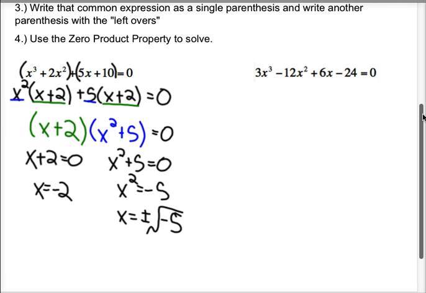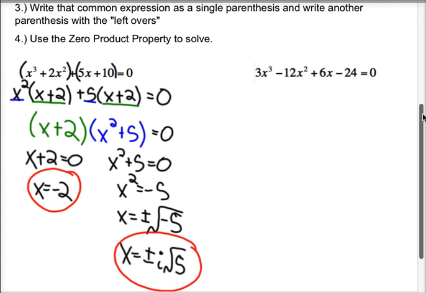Now remember, when we're square rooting, we're getting an imaginary solution. So this is really plus or minus i square root of 5. We have those two imaginary solutions. So that's how we get our three solutions for this problem. And again, that's really our goal.